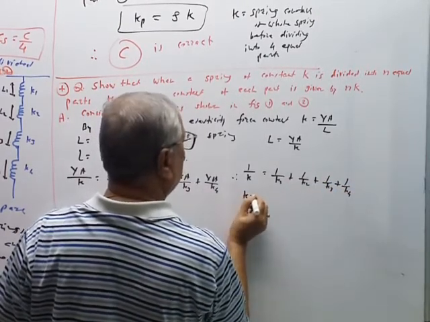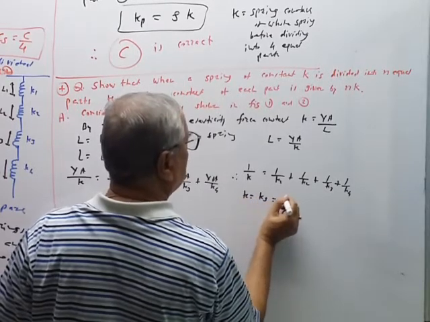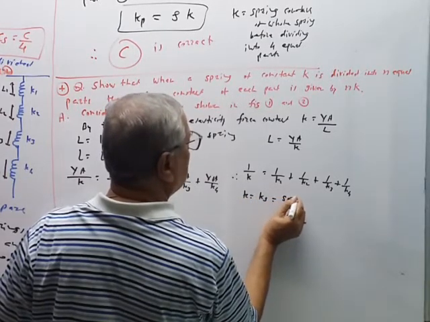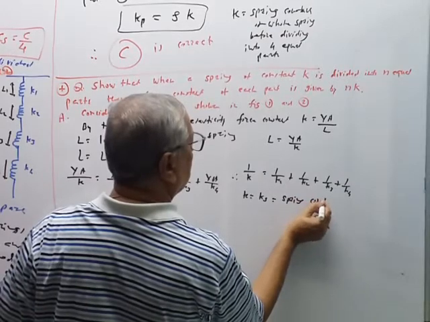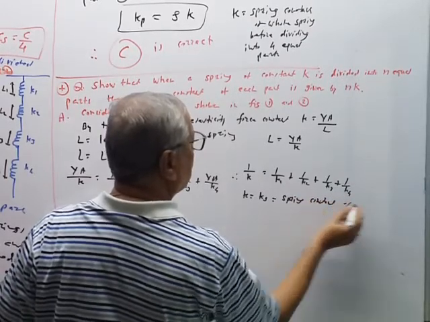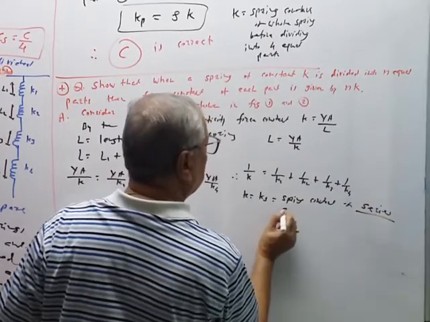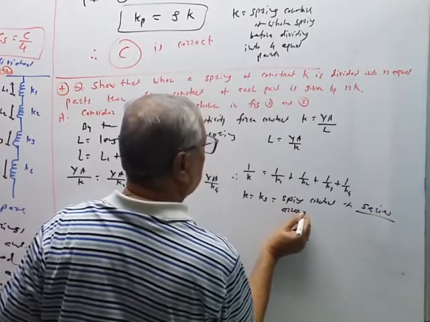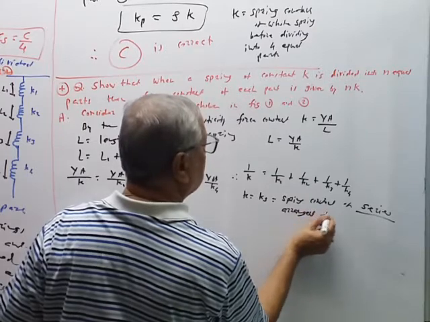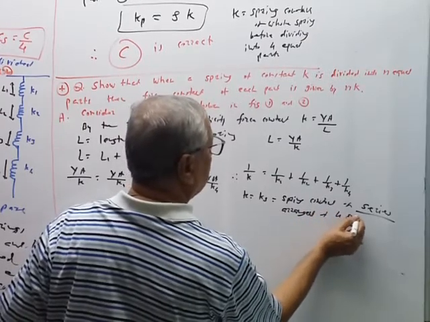So K is equal to Ks, the spring constant of the series arrangement of four springs.